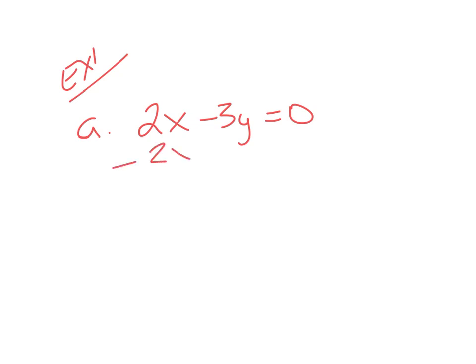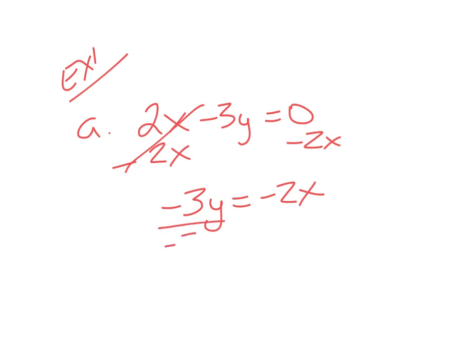Yep, I subtract the 2x. So I'm left with negative 3y equals negative 2x. Now what's my next step to get y by itself? Divide by negative 3. A negative divided by a negative is a positive. Yep, so I'm left with 2/3 x.